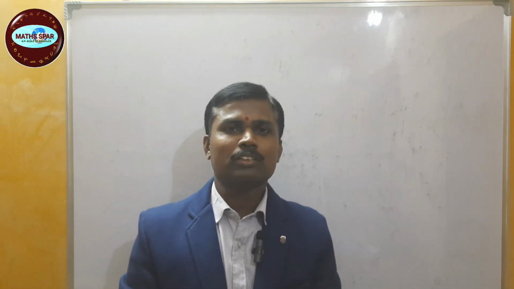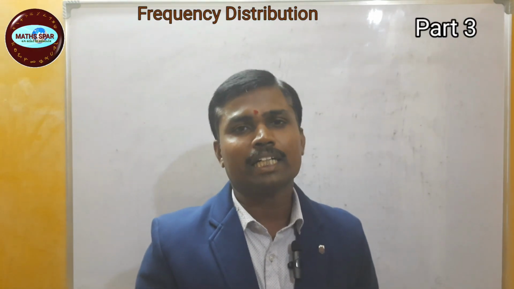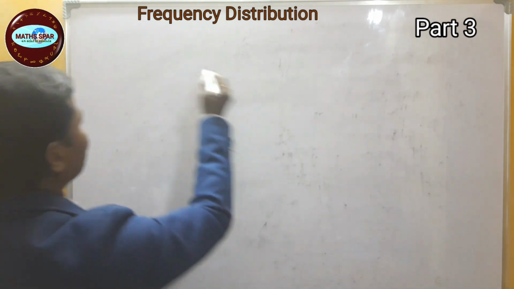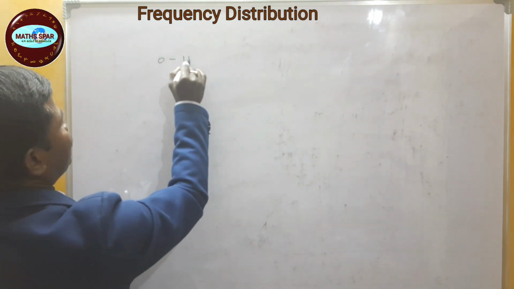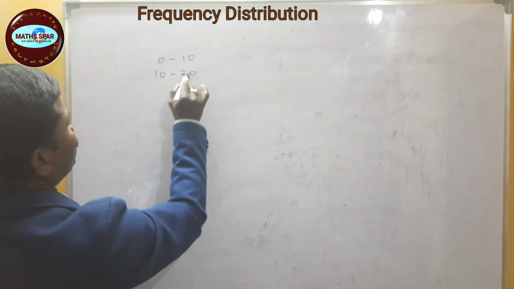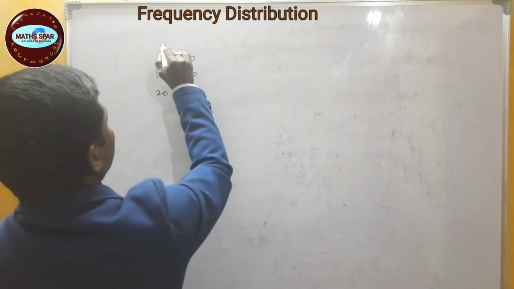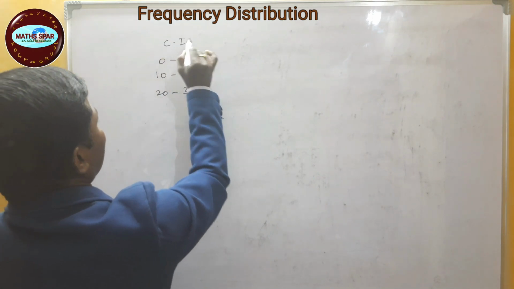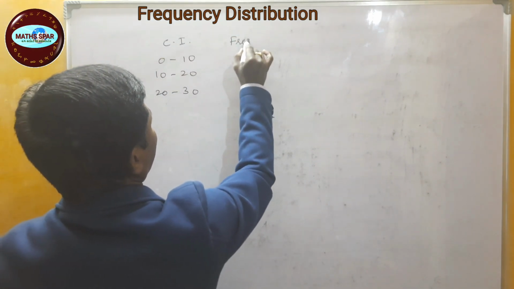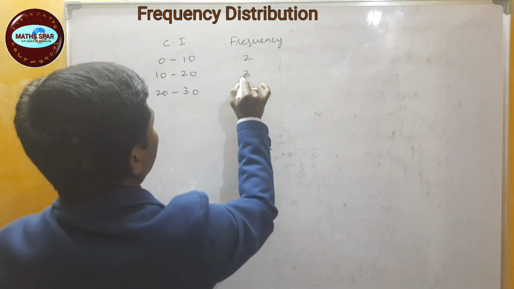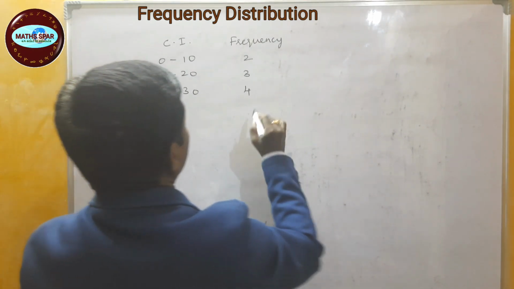This video is about frequency distribution. Let us know some terms related to grouped data and class intervals. Suppose you take 0 to 10, 10 to 20, 20 to 30, and this is the class interval, and the frequencies are 2, 3 and 4.